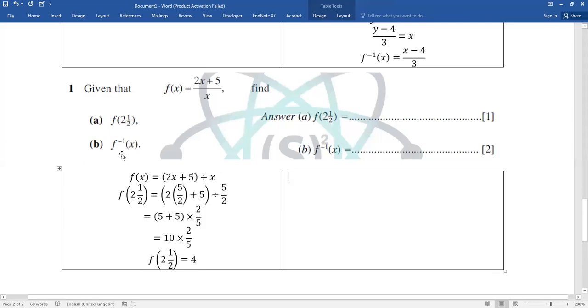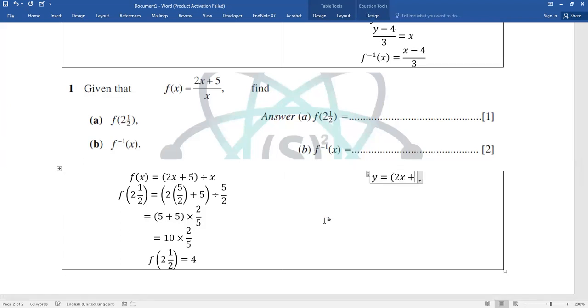Now the question wants us to make an inverse. We cannot just make an inverse by thinking like that, because the input is also in the denominator. Now the method becomes very useful for us. Write y. Now make x the subject of the formula. All x-containing terms on one side.